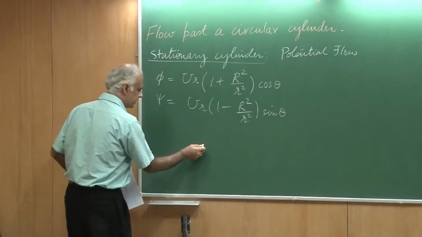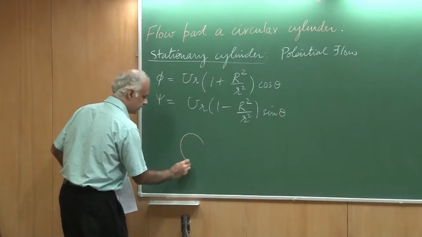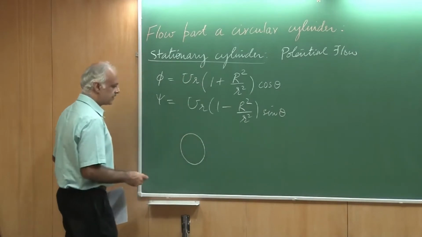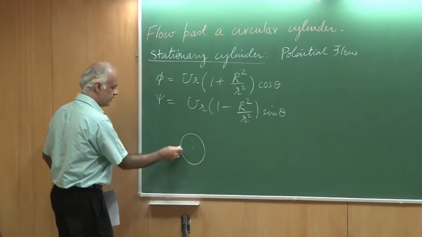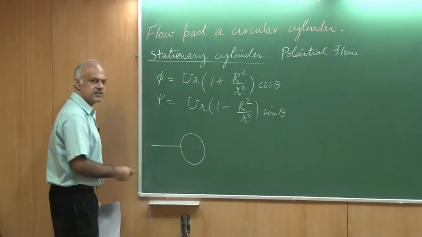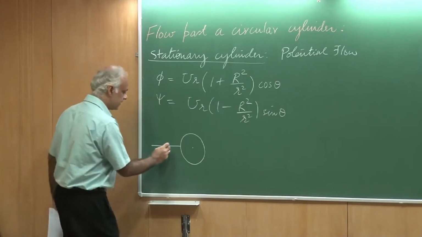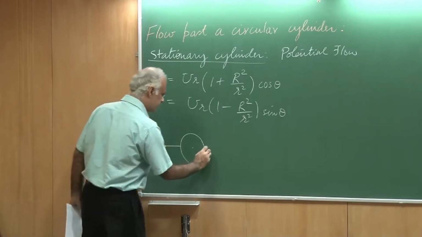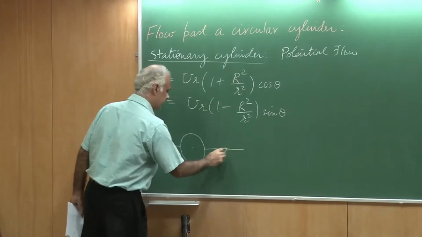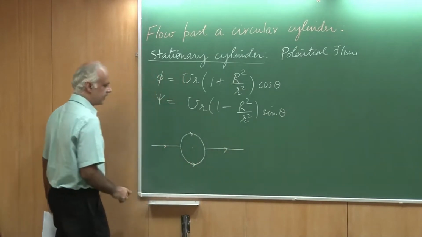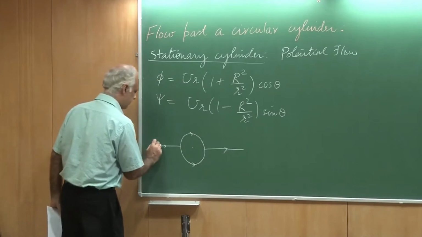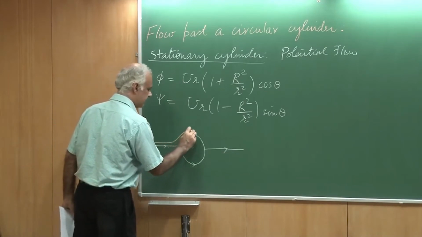Let me recollect the streamlines for you. So if this is the circular cylinder and that's the origin, I am only going to draw the streamlines outside the cylinder. So this was the stagnation streamline. The surface of the cylinder is also a streamline, and then the flow looks something like this.